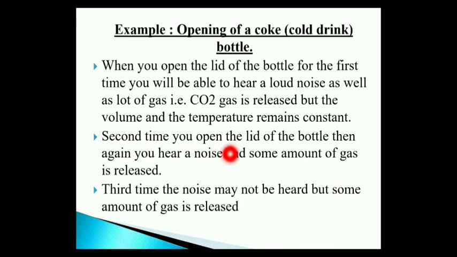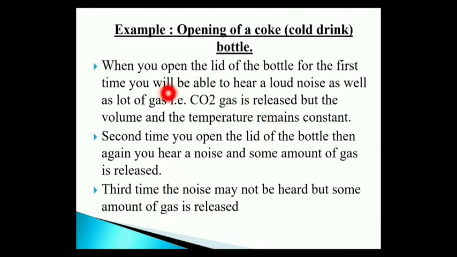So the second time when you're opening the lid of the bottle, you will hear a slow noise, and some amount of gas is released. Now when you're opening the bottle for the third time, the noise may or may not be heard, but some amount of gas will be released.